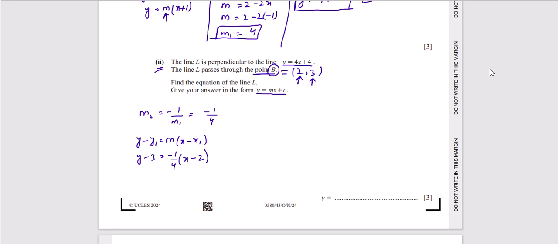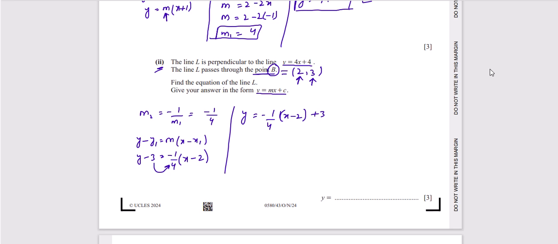Shift the minus 3 on the other side. So y is equal to minus 1 by 4 into x minus 2, plus 3.